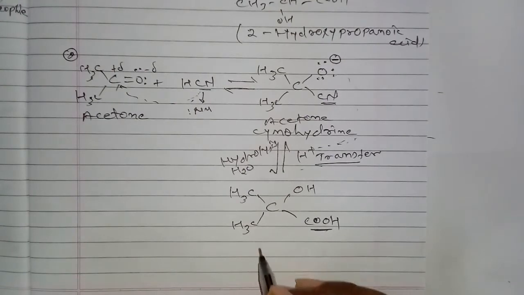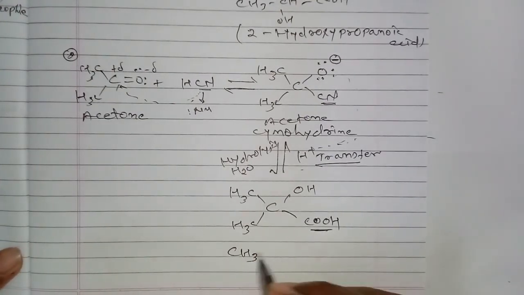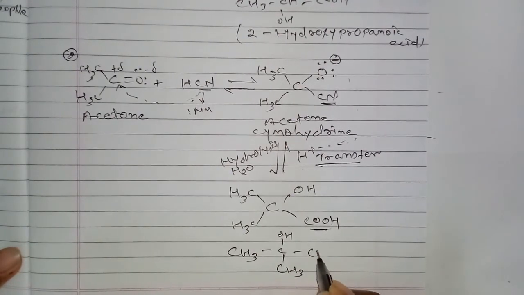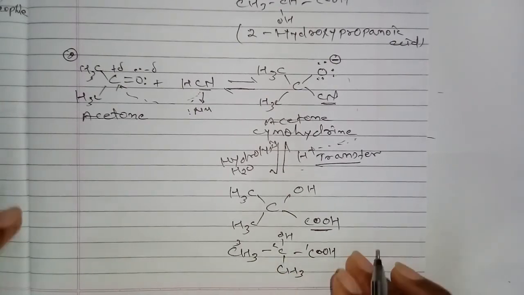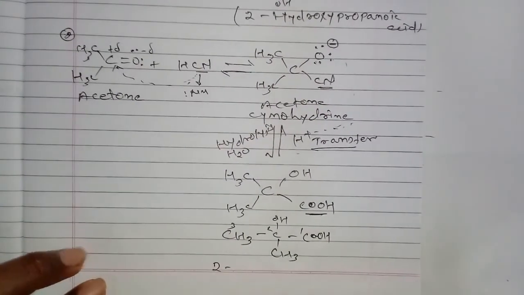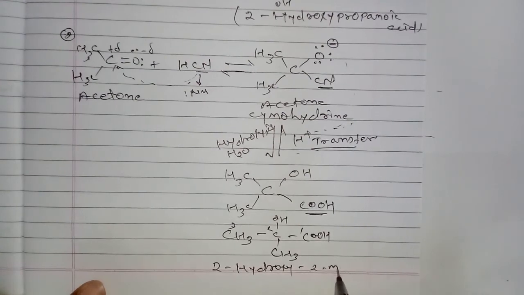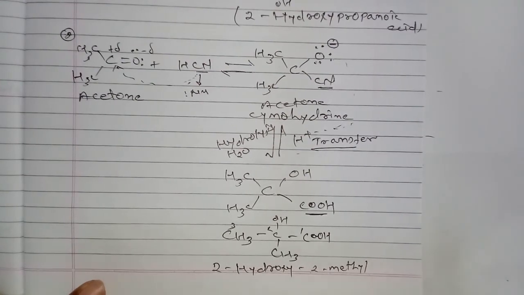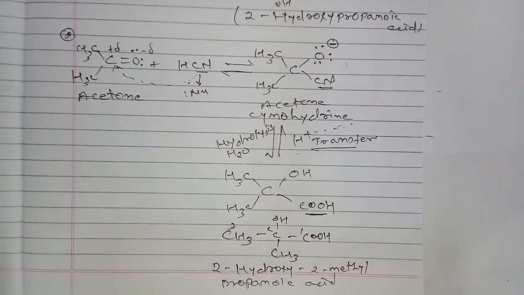Now simplified: CH3, C, OH, CH3, COOH, 1 2 3. Its name will be 2-hydroxy-2-methylpropanoic acid.